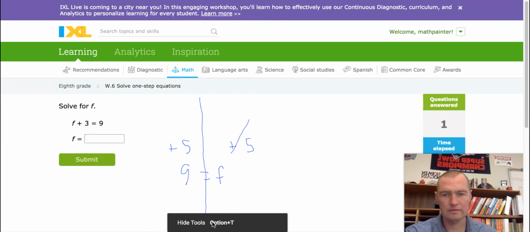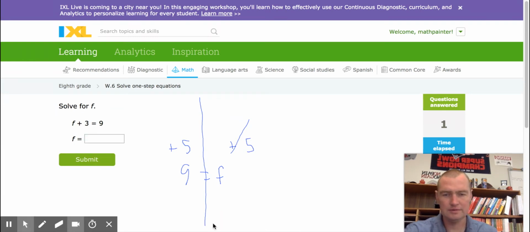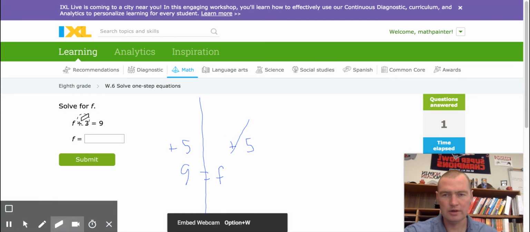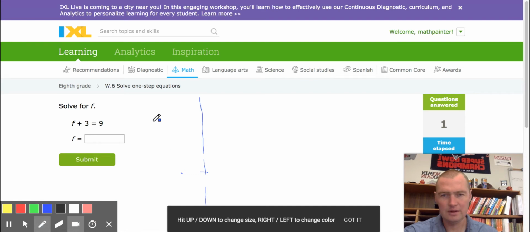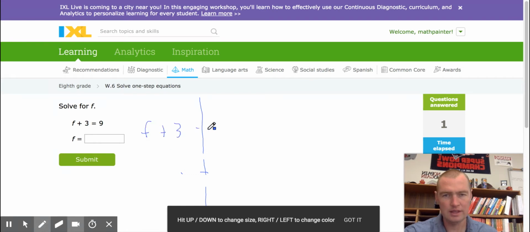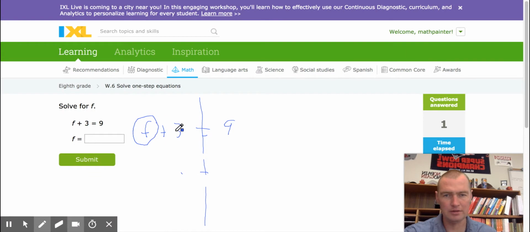All right. Now, next step. We're going to go ahead and work this one out. We got f plus 3 equals 9. So let's make a little bit of room. Here we go. F plus 3 equals 9. Now, notice that f needs to be by itself, but the positive 3 is bothering it.